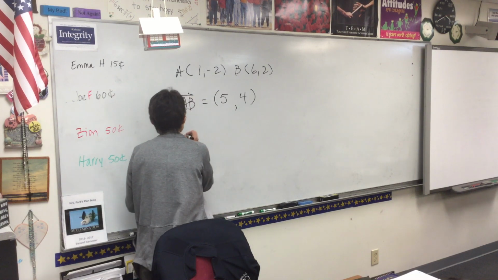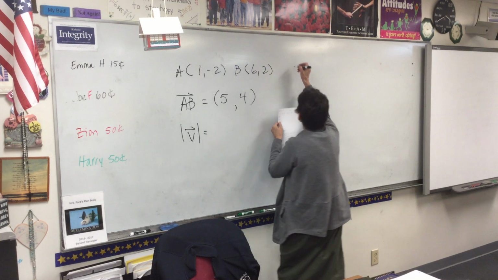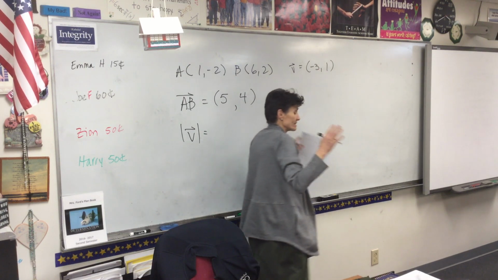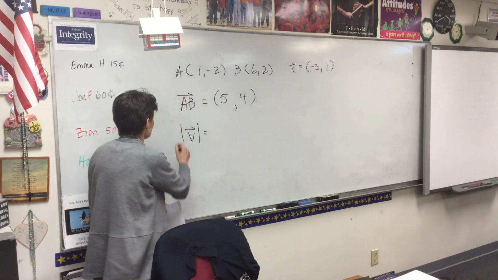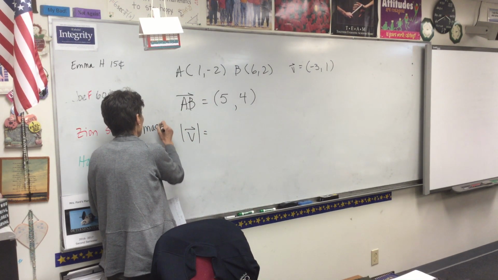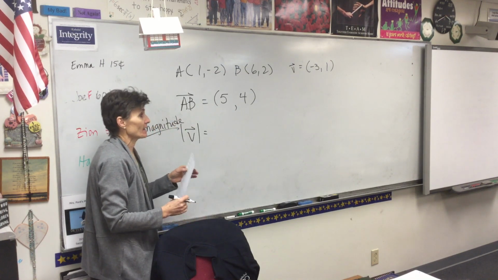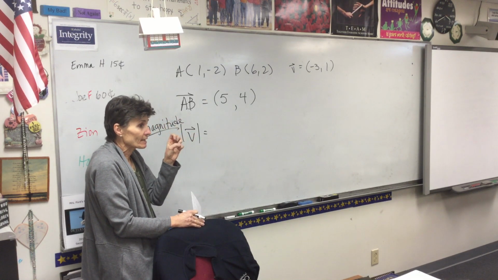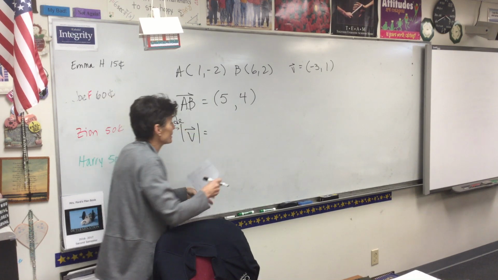All right. What does this even mean? No idea. Okay, it's like absolute value, but in vector land, this is the notation for magnitude. You've got to remember, in vector speak, absolute value means magnitude.